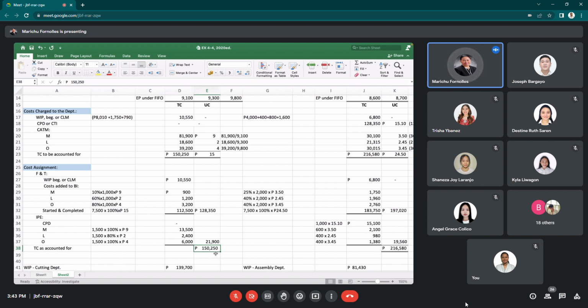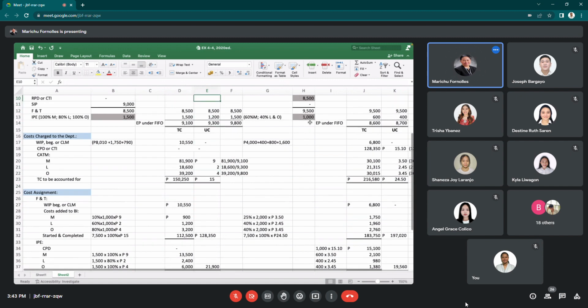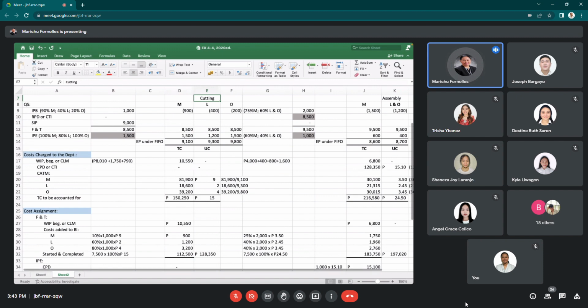So now we go to the CPR for the subsequent department called Assembly Department. So quantity schedule ni Assembly. So IPB ni Assembly 2,000 units with the parenthetical notation 75% complete as to materials, 60% complete as to labor and overhead.